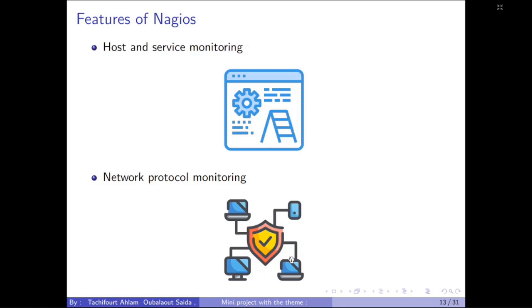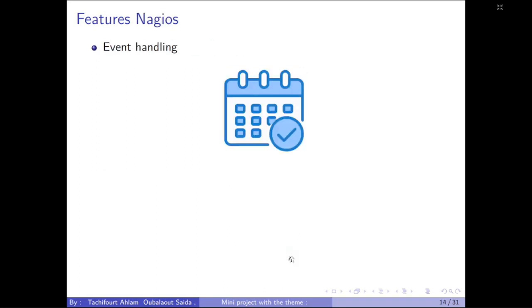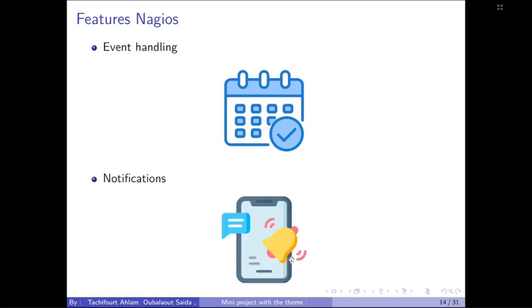Event handling means Nagios can handle events such as service failures and recoveries, and it can take appropriate action such as sending notifications or running scripts. Notification: Nagios can send notifications via email, SMS, or other methods when a problem occurs. It can also send recovery notifications when a problem is resolved.